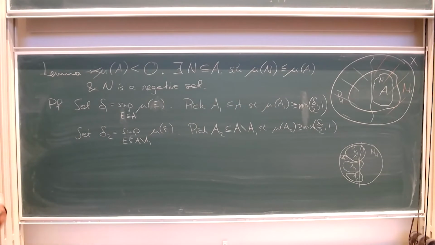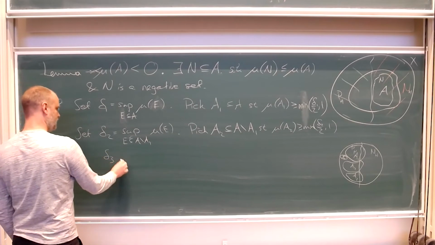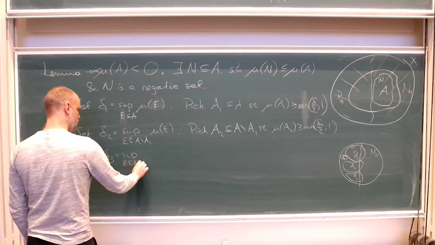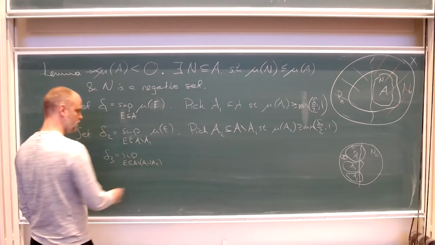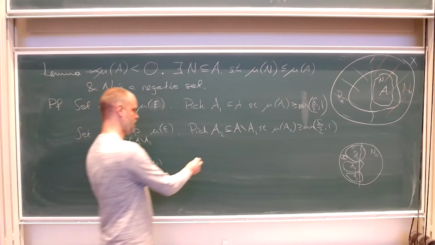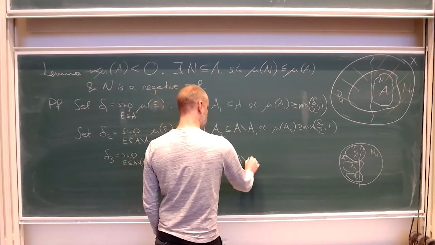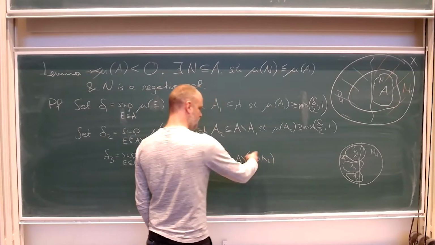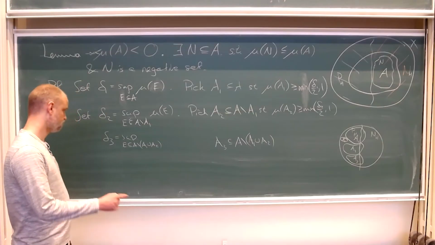All right. And I keep on going like this. So delta 3 will be the supremum over E subset of A set minus A1 union A2, right? And that's how you keep going. So here I would then pick A3, a subset of A set minus A1 union A2. And note that A1 and A2 are disjoint by construction.